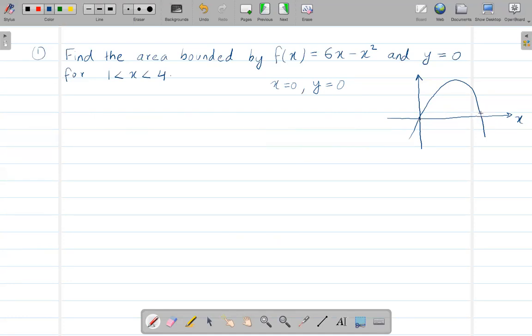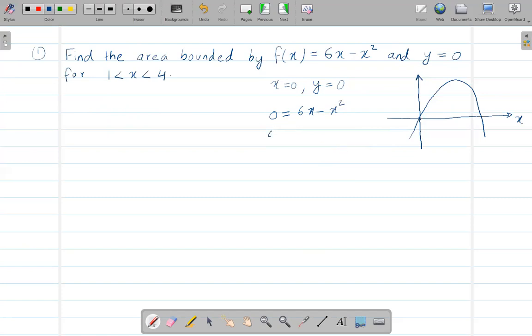And what about this point? How do we know this point? Again, I can find the x-intercept if I consider y equals 0, or f of x equals 0, so 6x minus x squared equals 0.